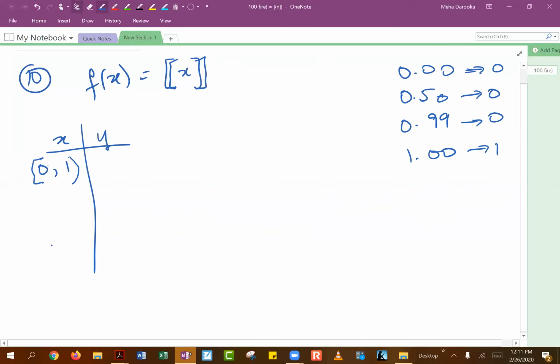And all the values between 0 and 1, not including 1, you can see we did that right here, are heading to 0. But since 1 is an integer itself, it's not accepted in that group.